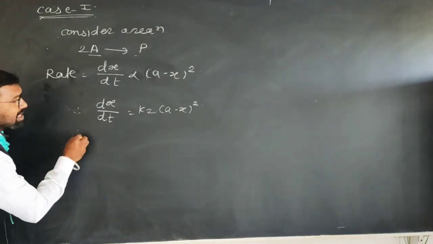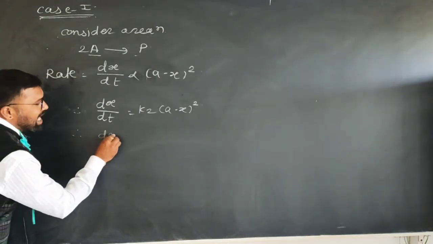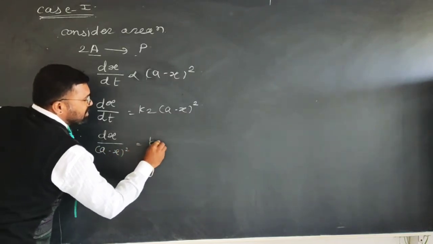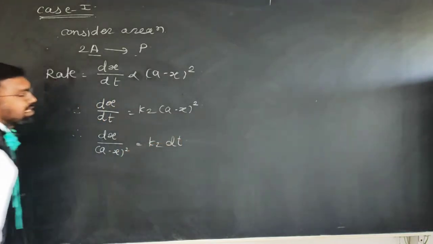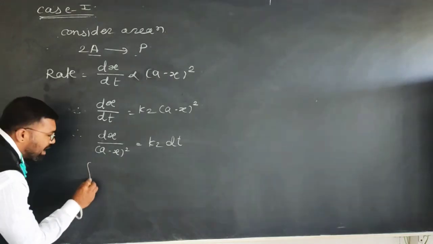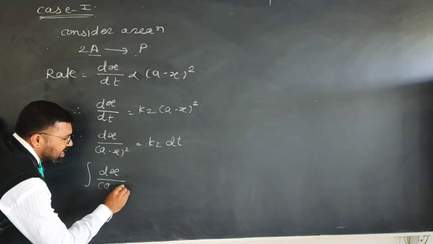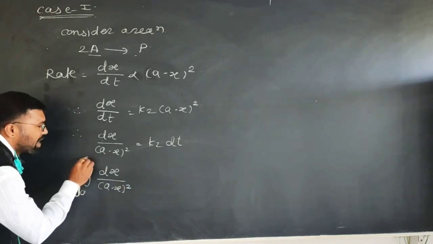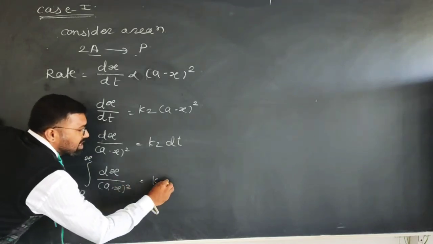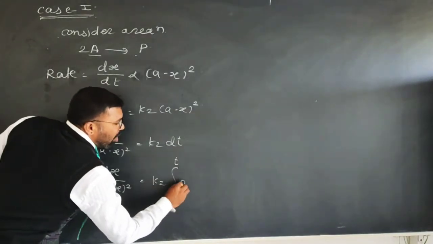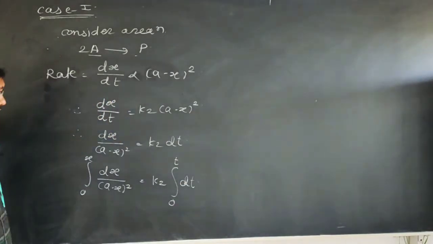Taking like terms on the same side, dx upon (a minus x) whole square is equal to k2 into dt. Integrating the above equation within a suitable limit, dx upon (a minus x) whole square having the limit 0 to x; k2 is a constant, therefore it comes out of the integral sign, having the limit 0 to t for time dt.